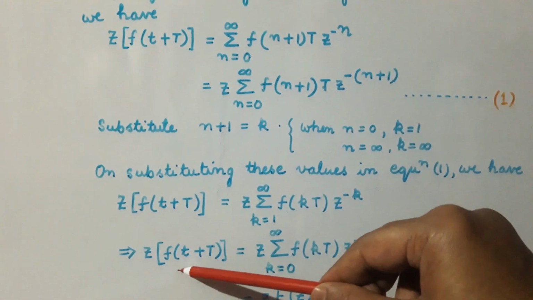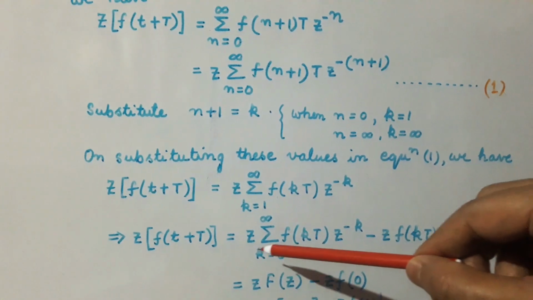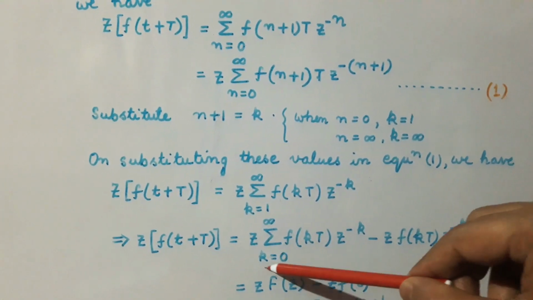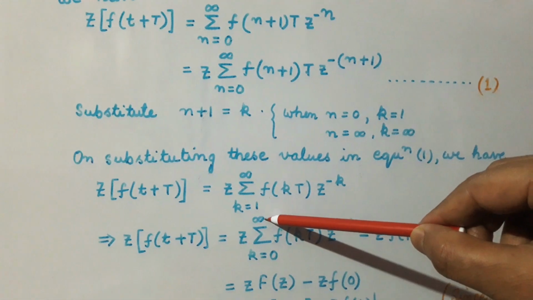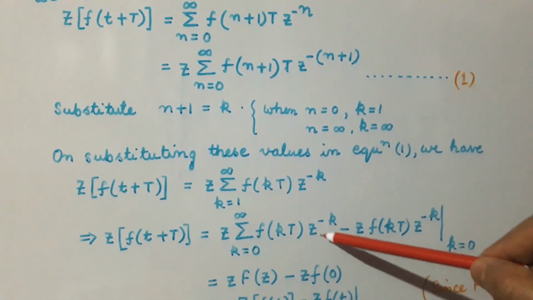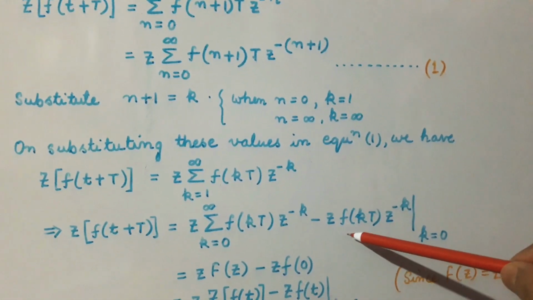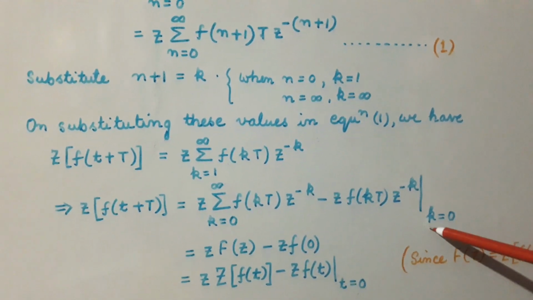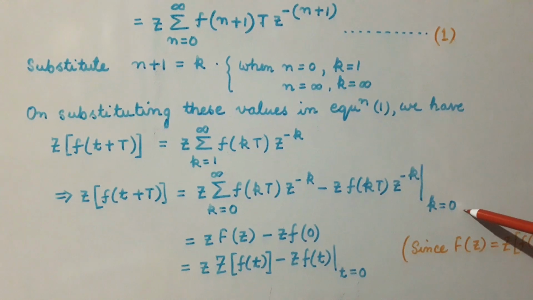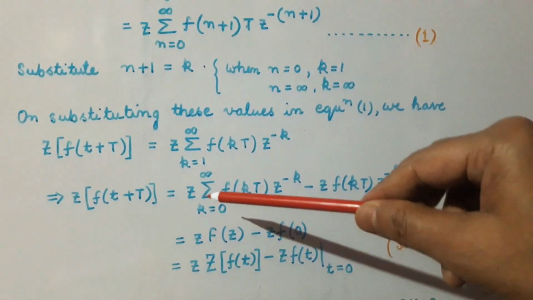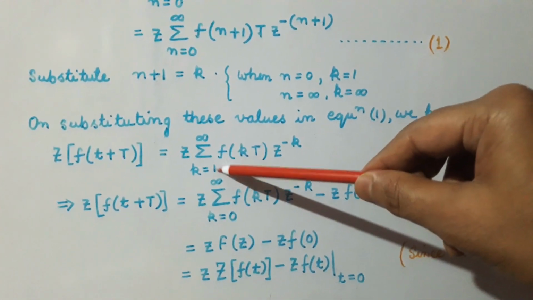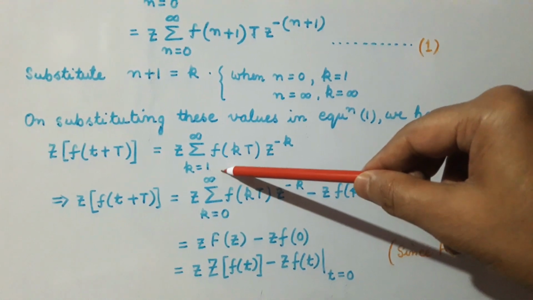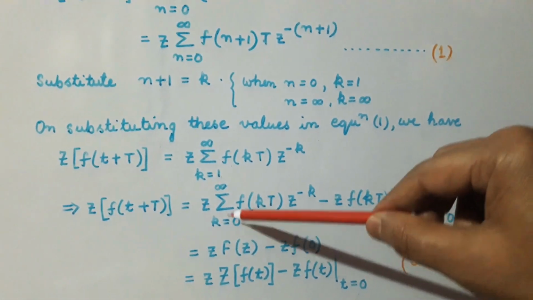So the z transform of f(t+T) can be written as z into the summation k equal to 0 to infinity of f(kT) into z to the power minus k, minus z times f(kT) into z to the power minus k at k equal to 0. That is, we have changed the range of k from 1 to infinity to 0 to infinity.